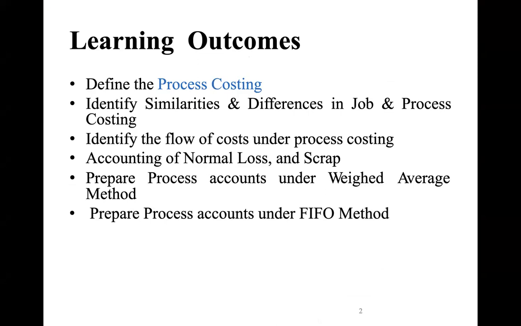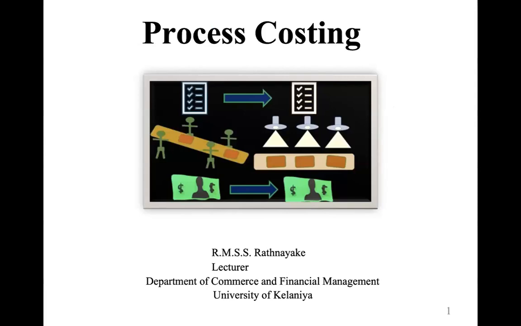And finally, we did a question on how to identify the flow of costs under process costing. So that question is very important for you all to understand what is happening, right? Then finally, we learned some terms like normal loss, abnormal gain, and scrap. Clear? So that is the end of this discussion. We will have another session to complete this lecture, process costing.